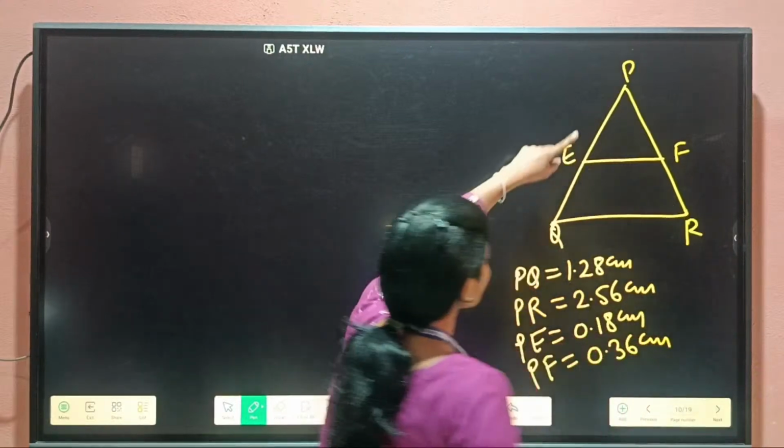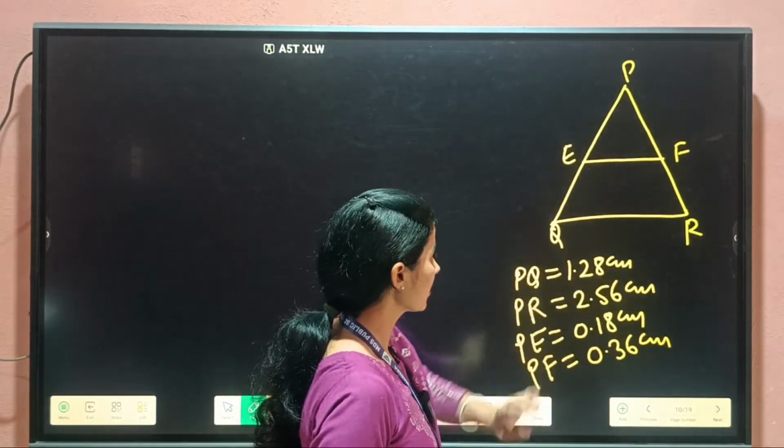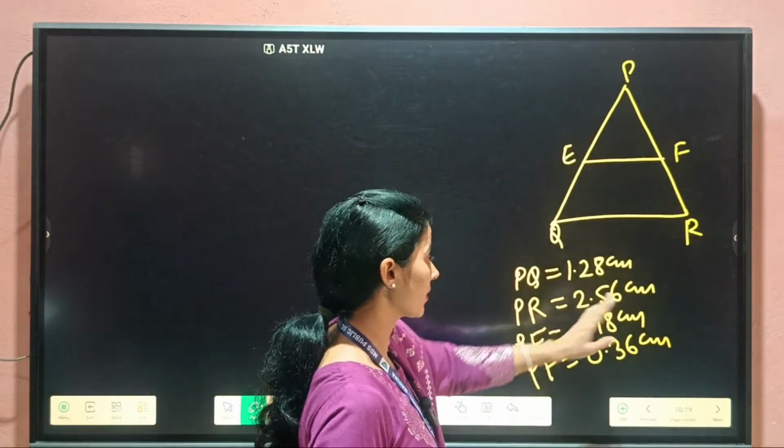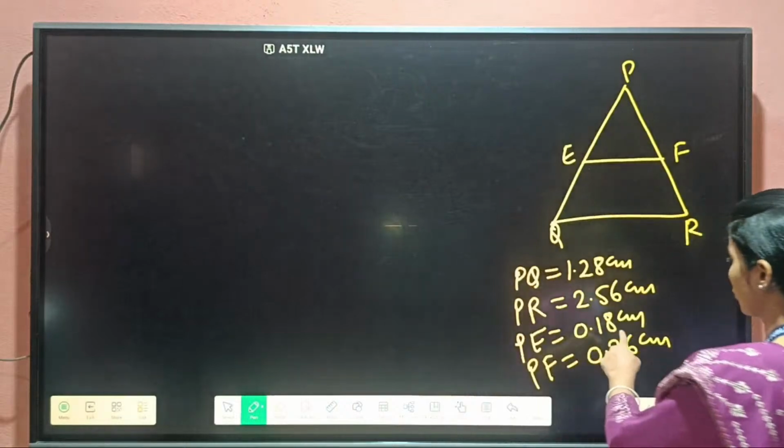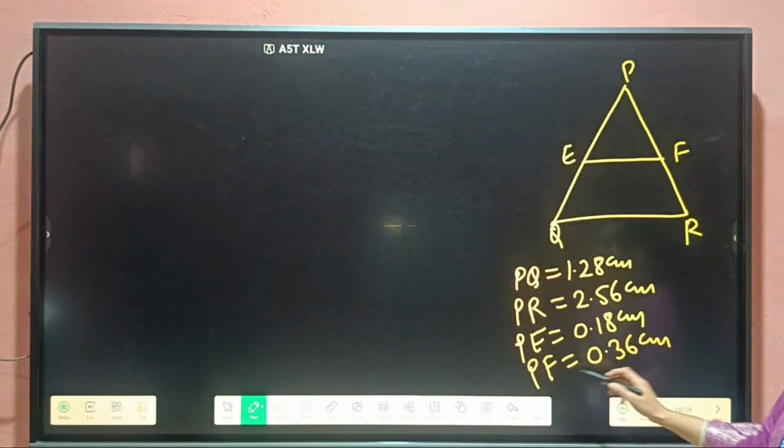Now see, PQ is 1.28 centimeter and PR is 2.56 centimeter, and PE is 0.18 centimeter and PF is 0.36 centimeter.